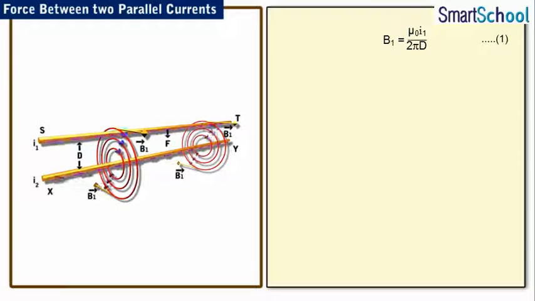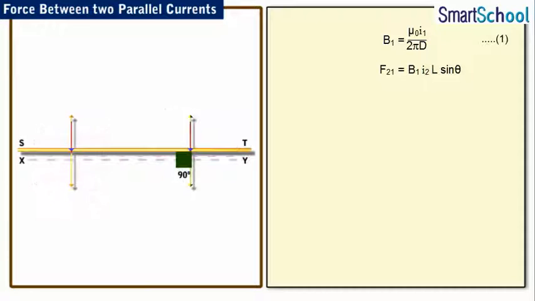The magnitude of the force experienced by a segment of length L of the conductor ST due to the magnetic field produced by the conductor XY is F21 equals B1 I2 L sine theta, where theta is the angle between the direction of the magnetic field B1 and the current in the conductor ST. Let us label this as equation 2. Here, theta is equal to 90 degrees and sine 90 is equal to 1.